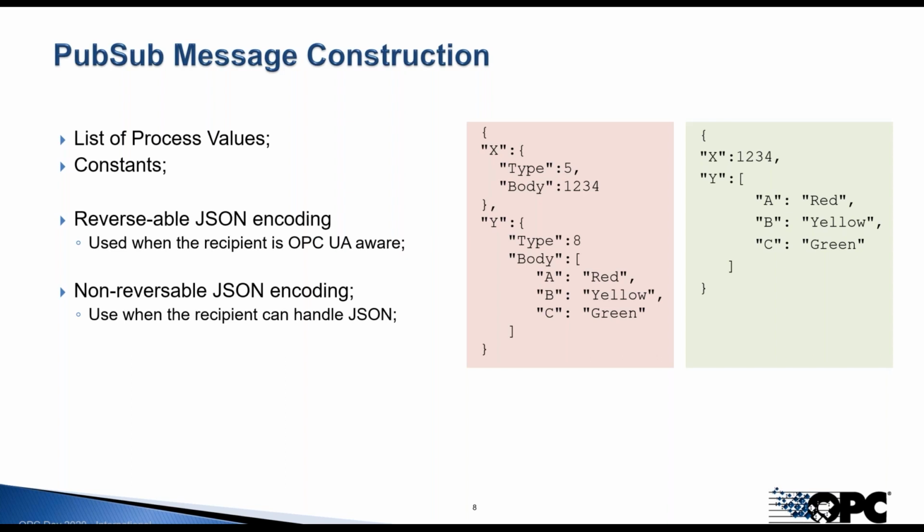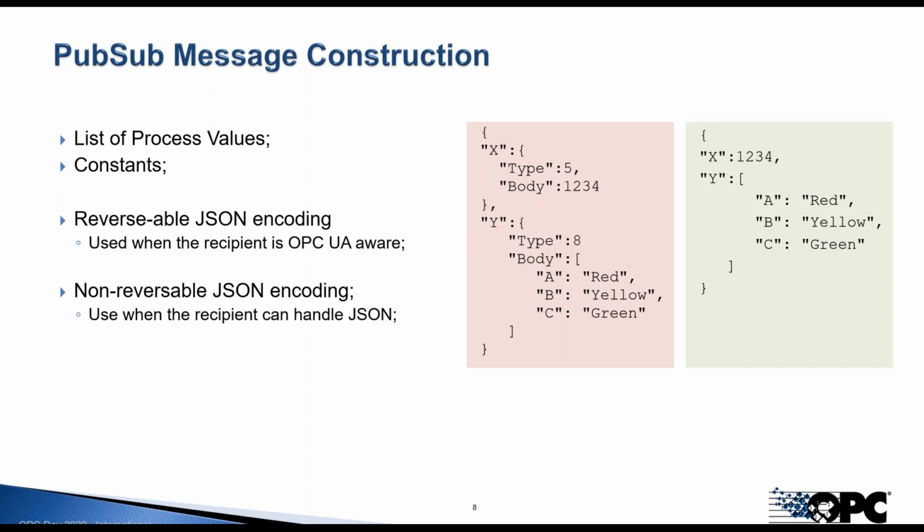Now, with the JSON encoding, when we were using the encoding for a UA client to talk to a server, and we're using JSON to send the messages back and forth, these messages have to have a lot of information in there that's necessary to completely replicate the original data that was sent.